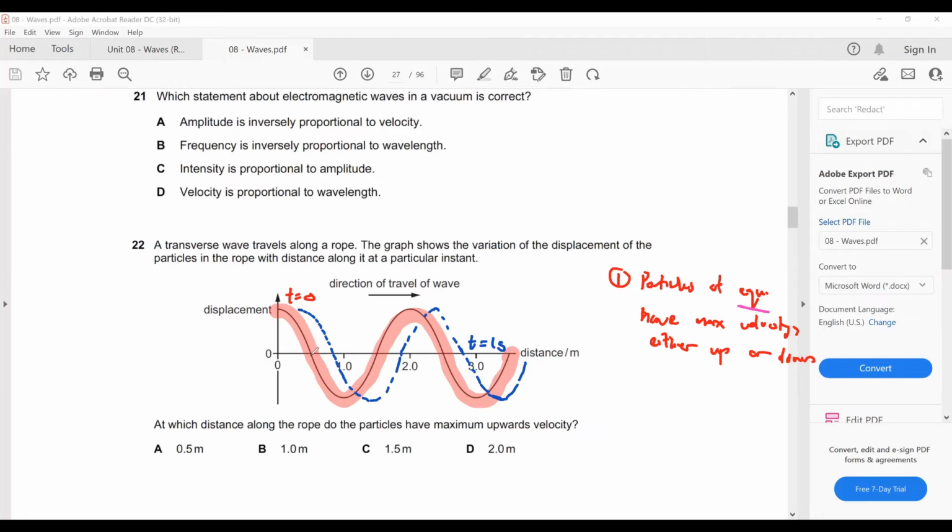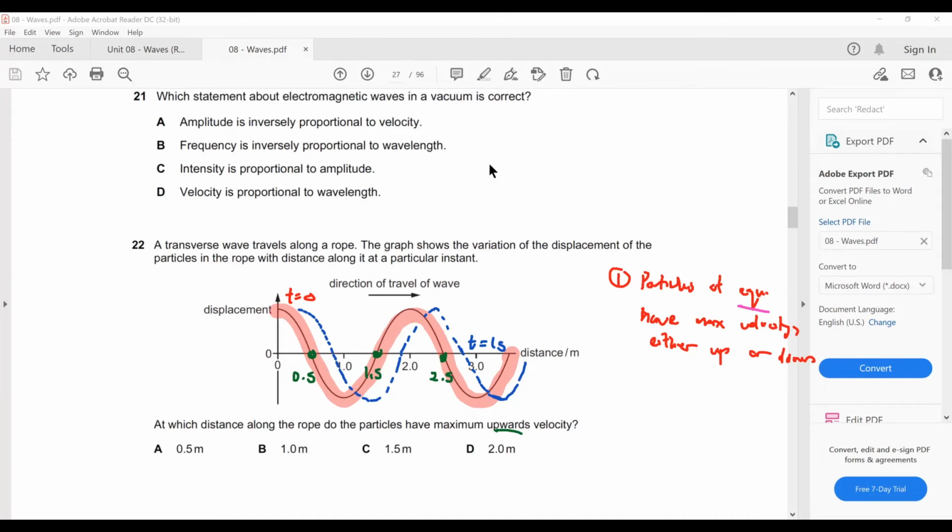Then I mentioned that it could be this one, or this one, or this one. All right, but how do I know which one it should be? Is it 0.5 where it's maximum outward velocity? Is it 1.5, or is it 2.5? So the way to see whether it's going to have an outwards velocity, you just draw a wave profile at the next instant of time.